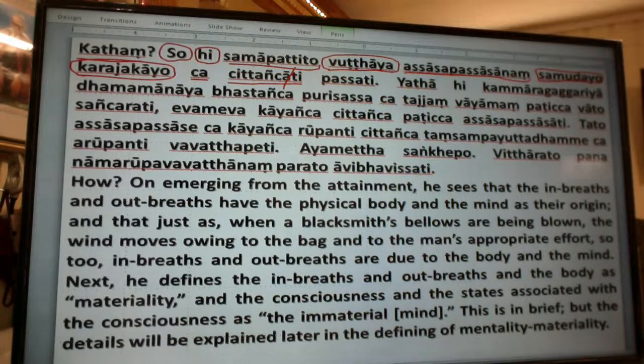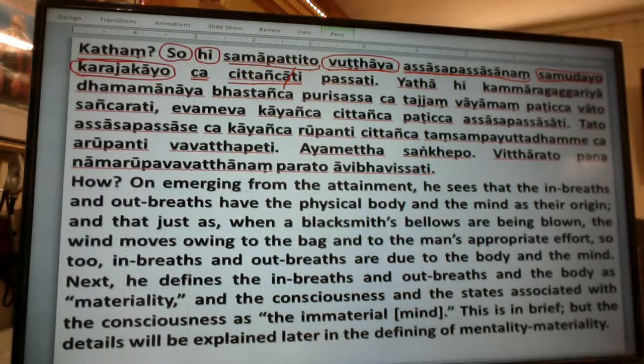So here the Pali mentions that assasa-passasa has two main causes: karajakaya, the physical body, and chitta, the mind. Because of these two causes, assasa-passasa arises continuously. Whenever you are still alive, even when you sleep, assasa-passasa keeps on arising and disappearing, continuously until you die.